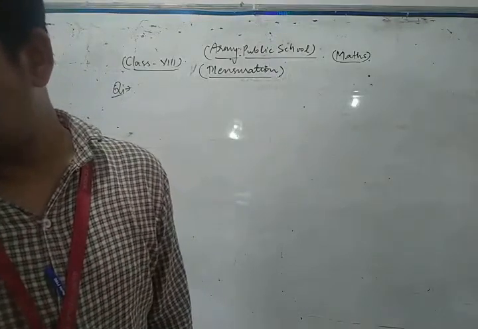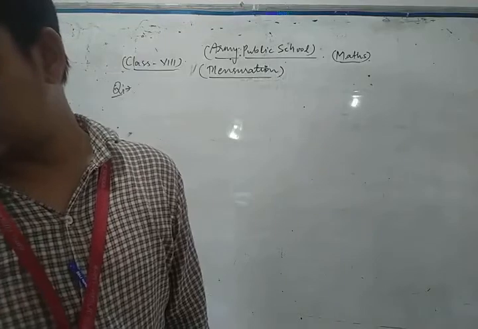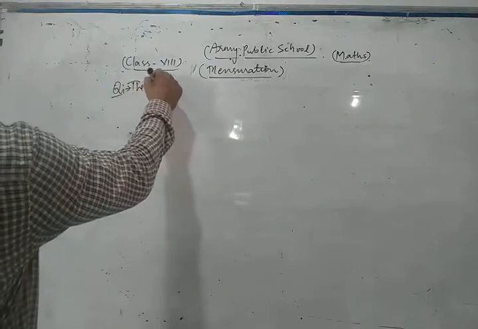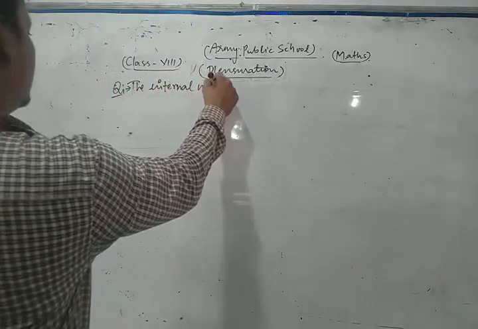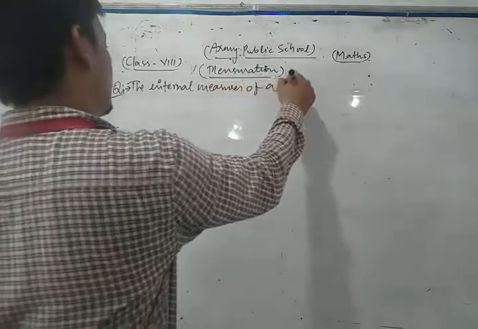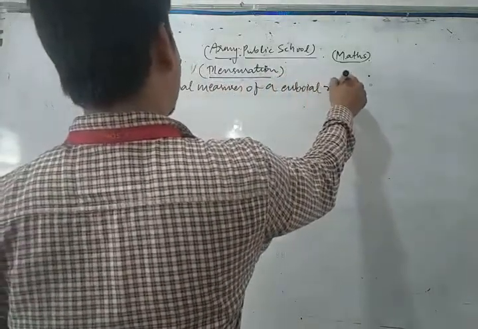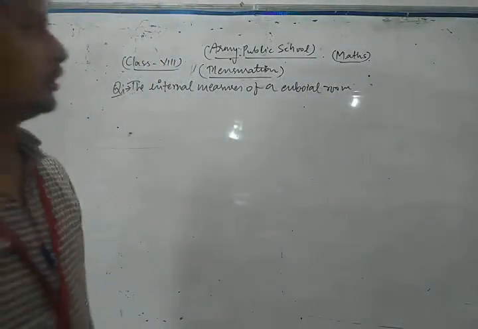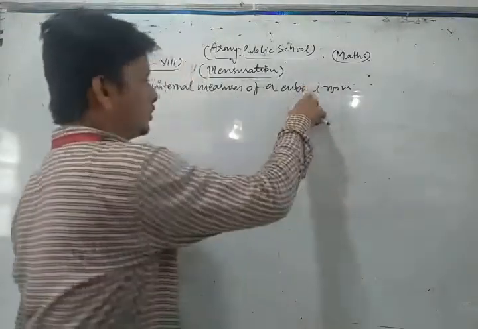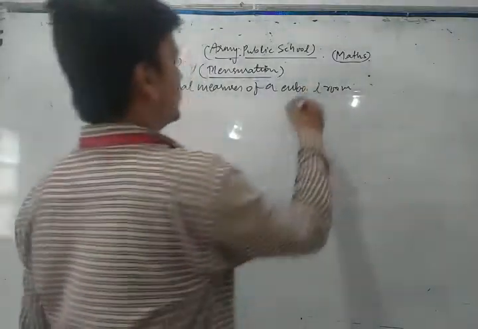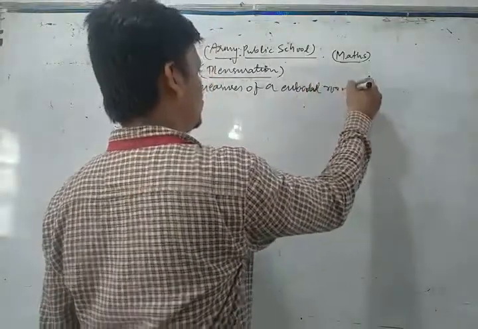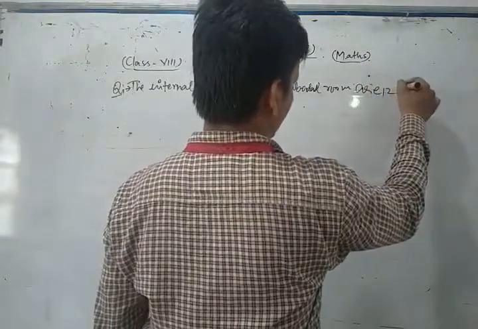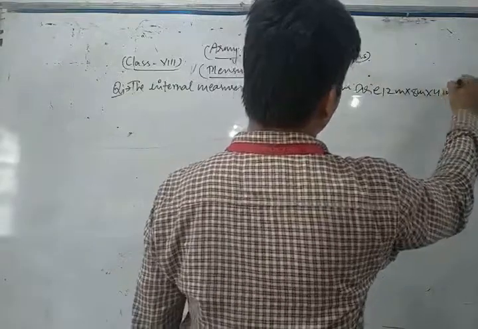We take some other important question related to your chapter. Look, the internal measures of a cuboidal room are 12 meter into 8 meter into 4 meter.